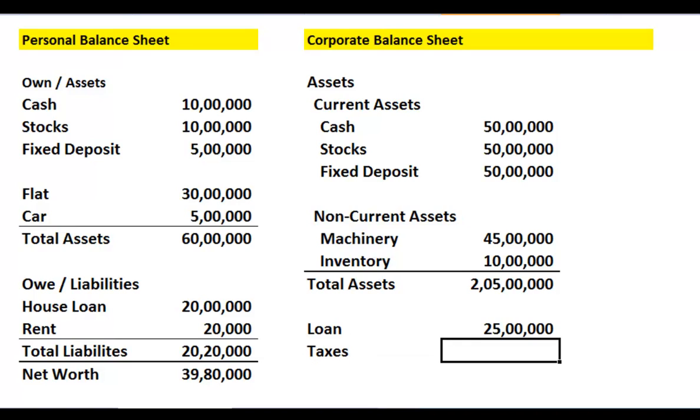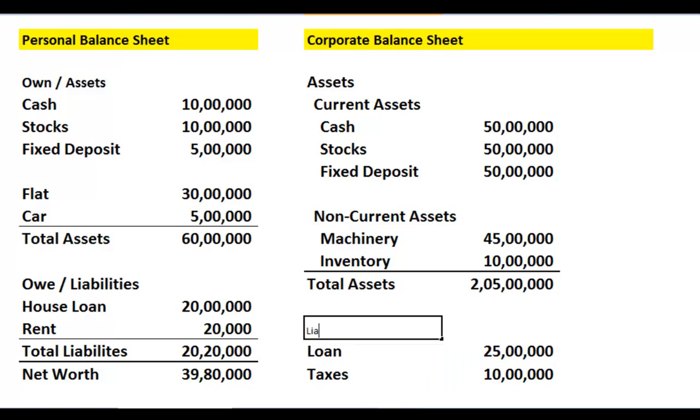The company pays taxes once a year or twice a year, but it's the middle of that period and the company still has not paid taxes, but they have to make reserves or accumulate those taxes. So the company owes the government, let's say, 10 lakhs in taxes. Now here we are beginning to see liabilities. These are only called liabilities.